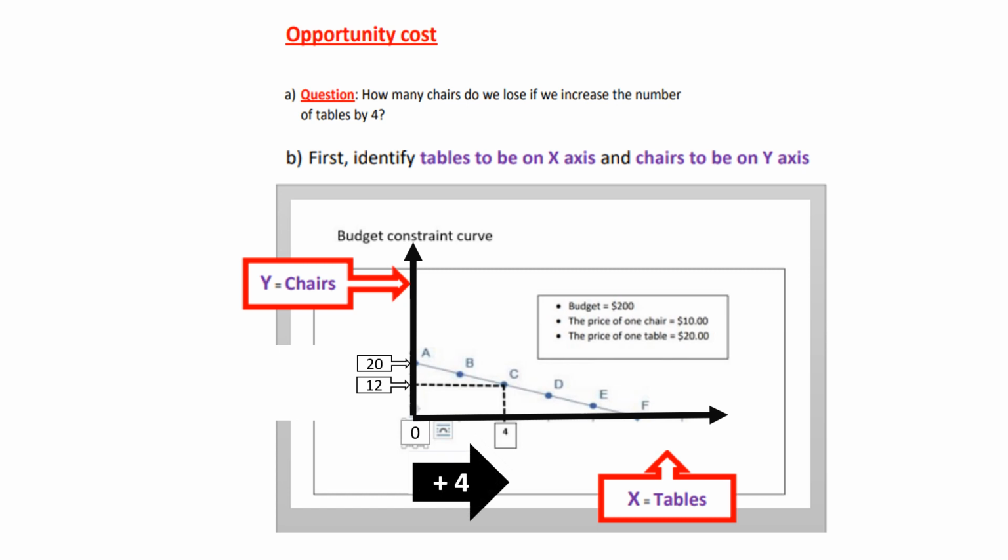For instance, as shown on the diagram, as we increase the number of tables from 0 to 4, we will lose some chairs from 20 to 12. So let's go through the process of being able to read information on the diagram to be able to determine how many chairs do we lose when we increase the number of tables by 4.